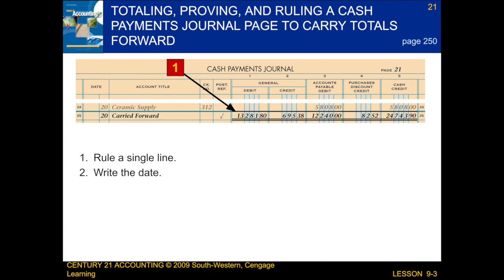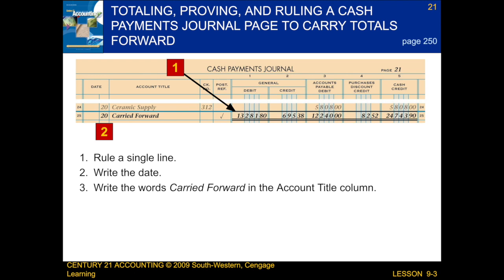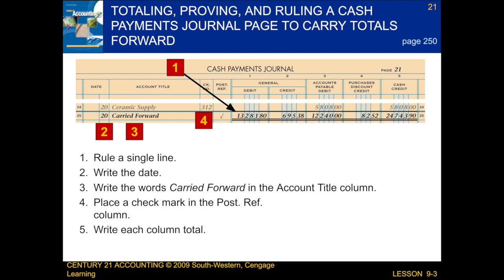Next, we write the date. After that, we write the words carried forward in the account title column. Next, we place a check mark in the post reference column. After that, we write each column total. And finally, we draw a double line rule.